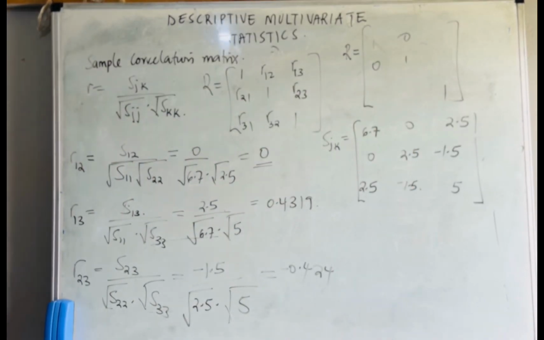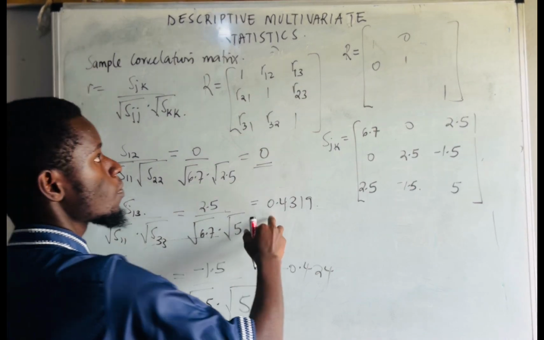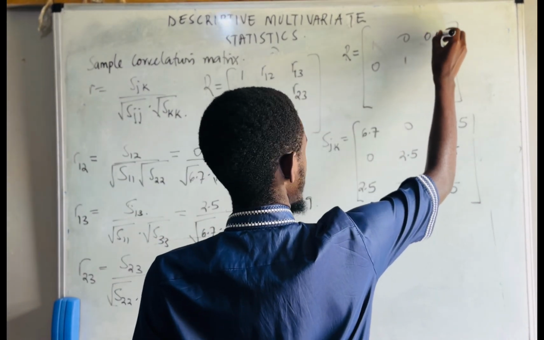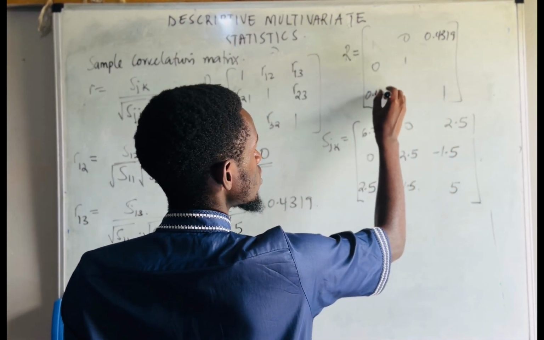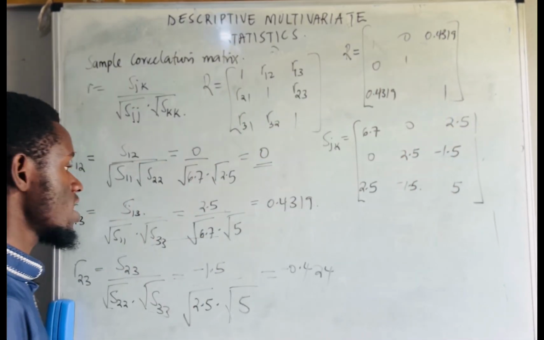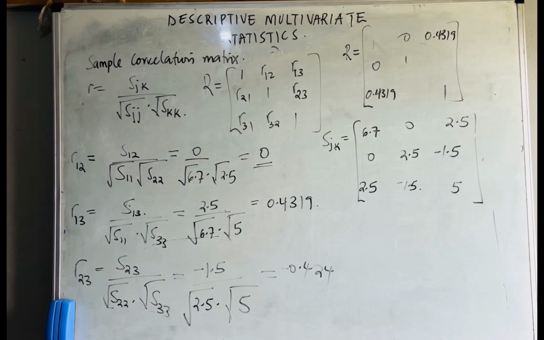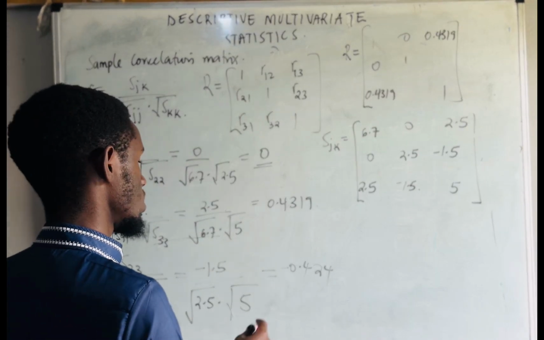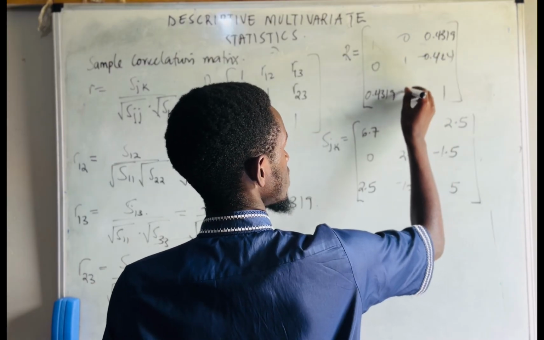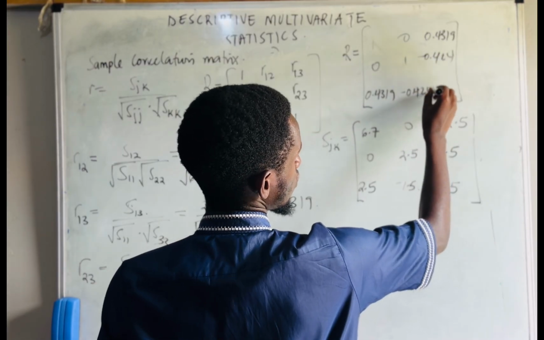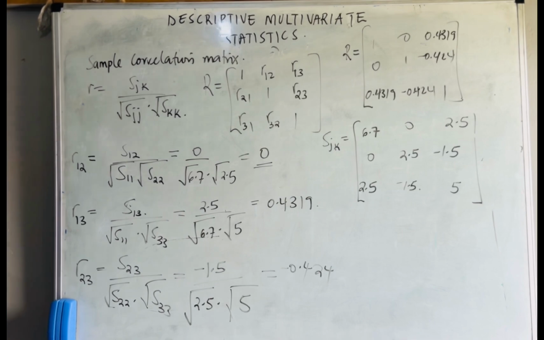Then R13 is 0.4319, and this is the same as 0.4319 here again. And lastly, R23 is negative 0.424, and likewise here negative 0.424. And I'll be able to get my R matrix.